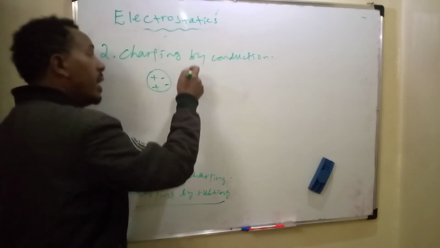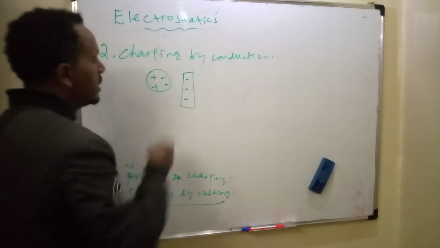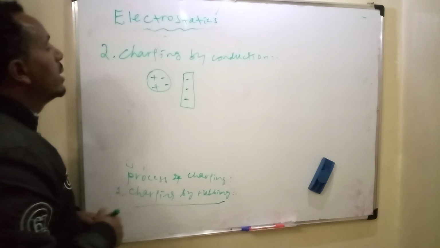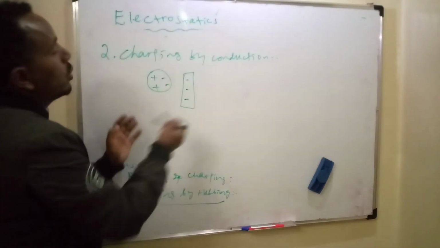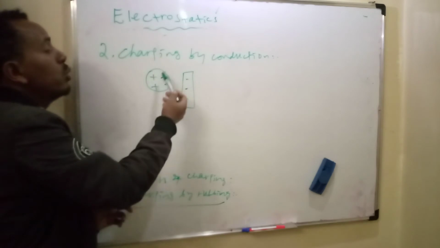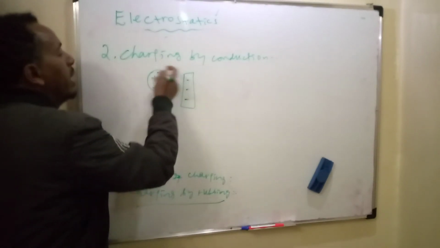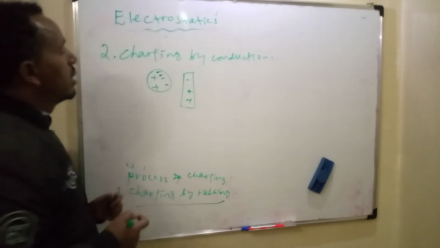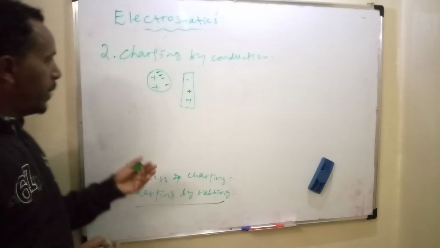If this neutral sphere touches a negatively charged rod, electrons may transfer from the rod to the sphere. The sphere gains some amount of electrons.